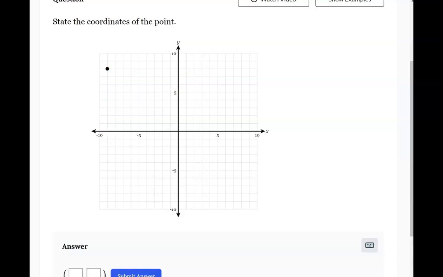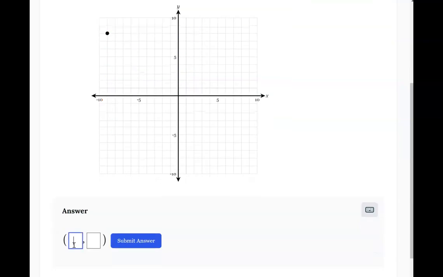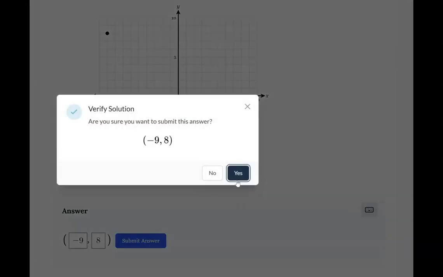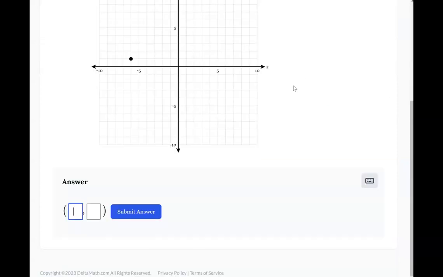So down below here, I'm going to type -9 and 8. So on this second lesson, all you have to do is look at the scale to make sure that it's going by ones or twos, etc.